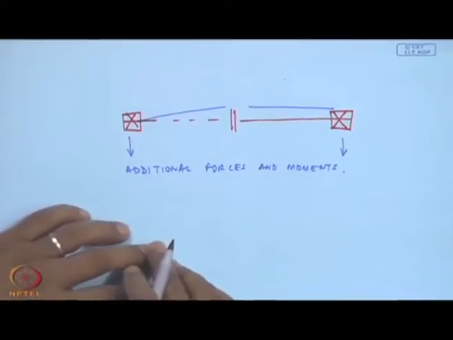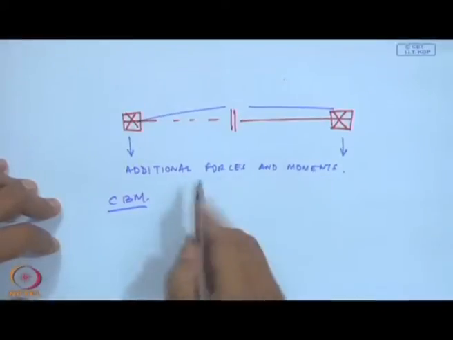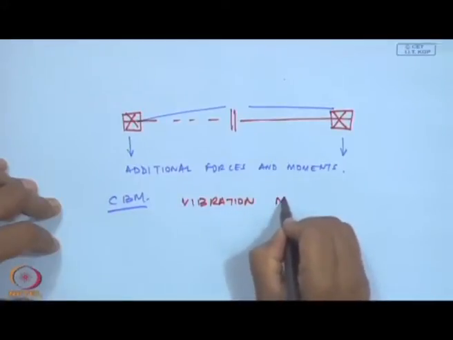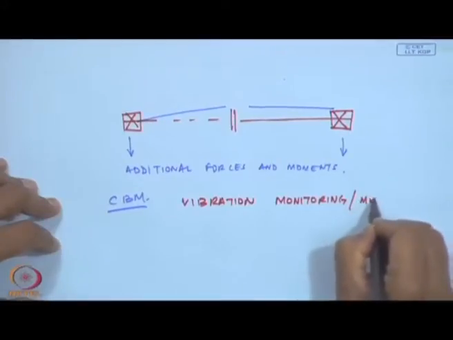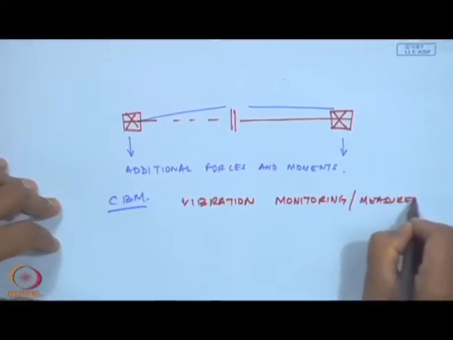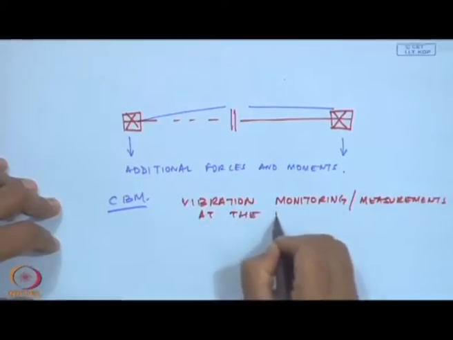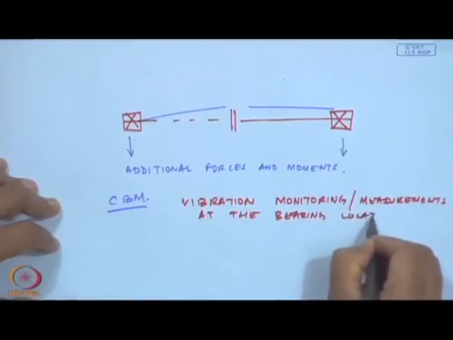But usually people in the industry are alarmed by excessive vibrations of the bearing everywhere, and that is a problem we will face while doing CBM, because we do vibration monitoring or measurements at the bearing locations.